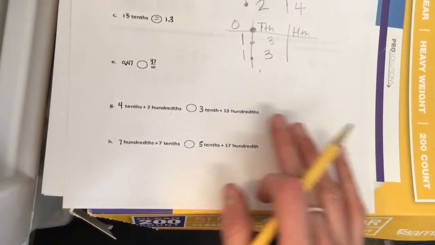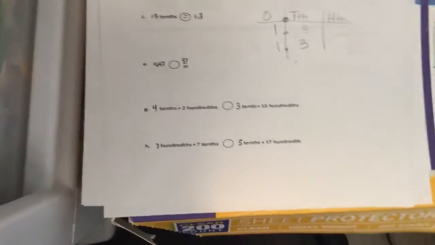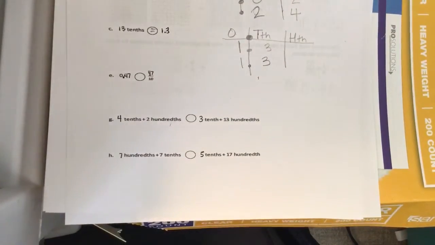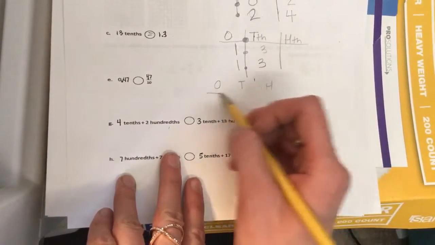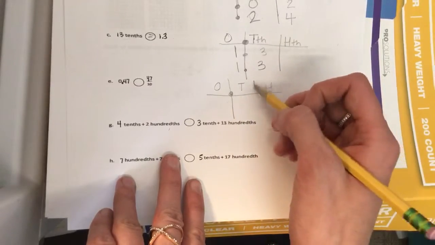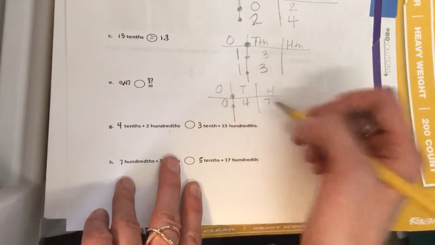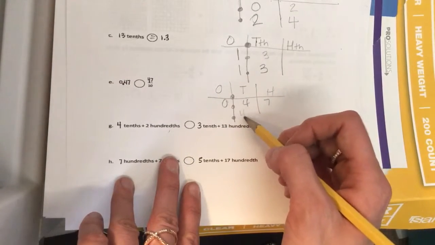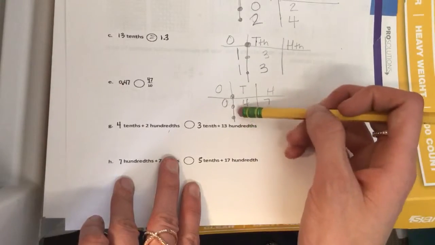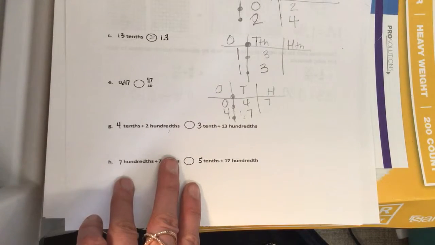All right, next one, 47 hundredths versus 47 tenths. Try this one on your own. All right, so again, I'm going to use my place value chart. 47 hundredths would look like this. 47 tenths, oh, can't do that, so that's what 47 tenths would be.